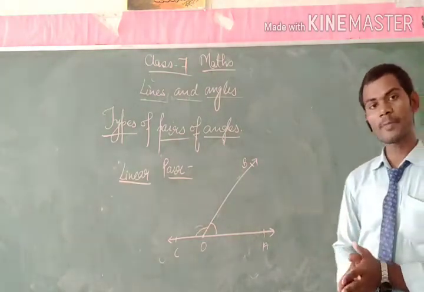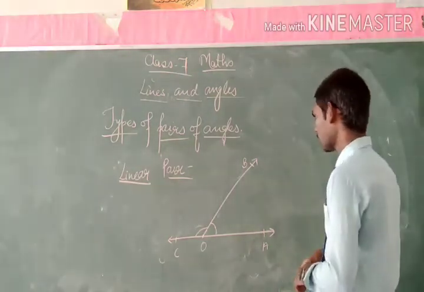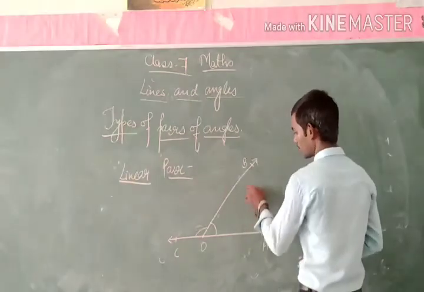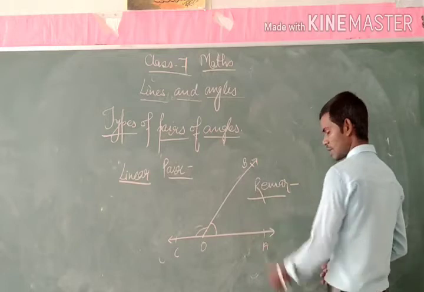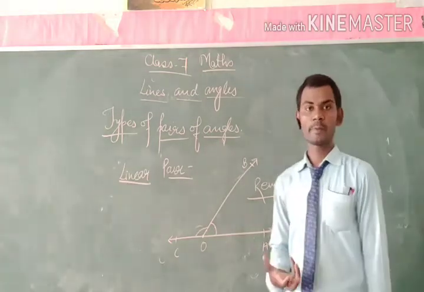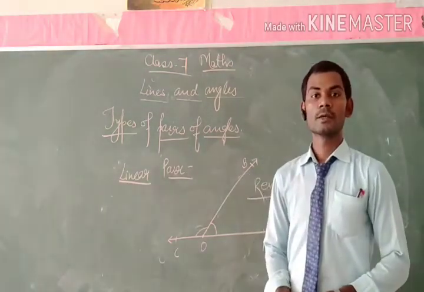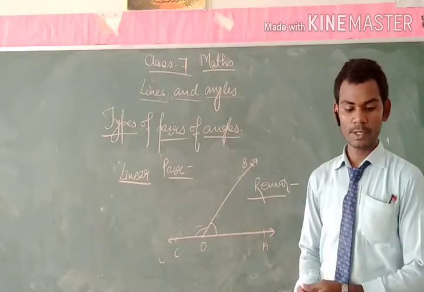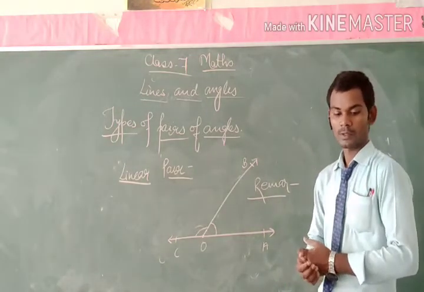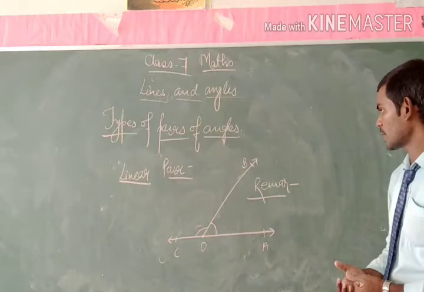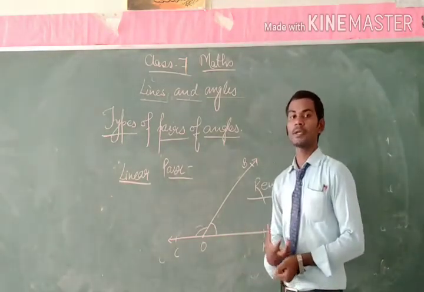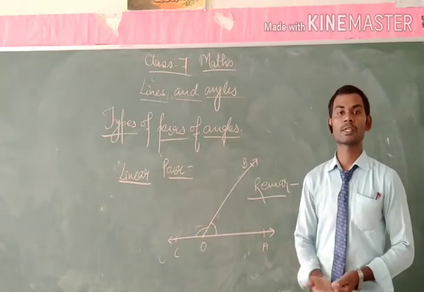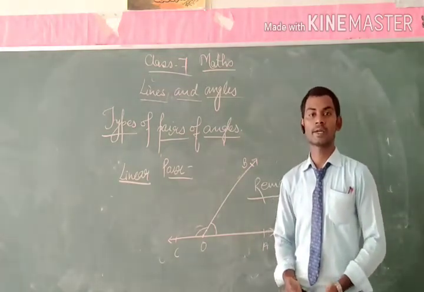The remark for a linear pair is that the angles formed by a linear pair are also supplementary angles, adjacent supplementary angles, because as we know, in supplementary angles the sum of the measures of the two angles is 180 degrees.